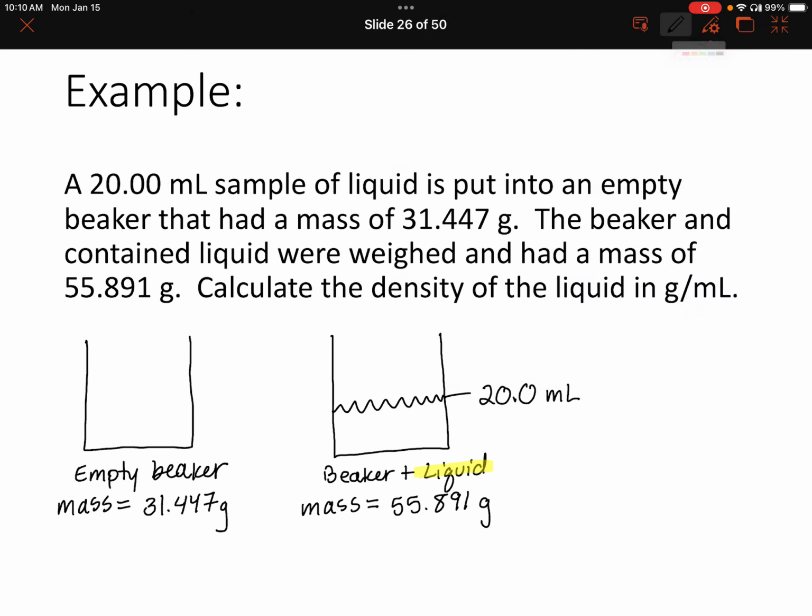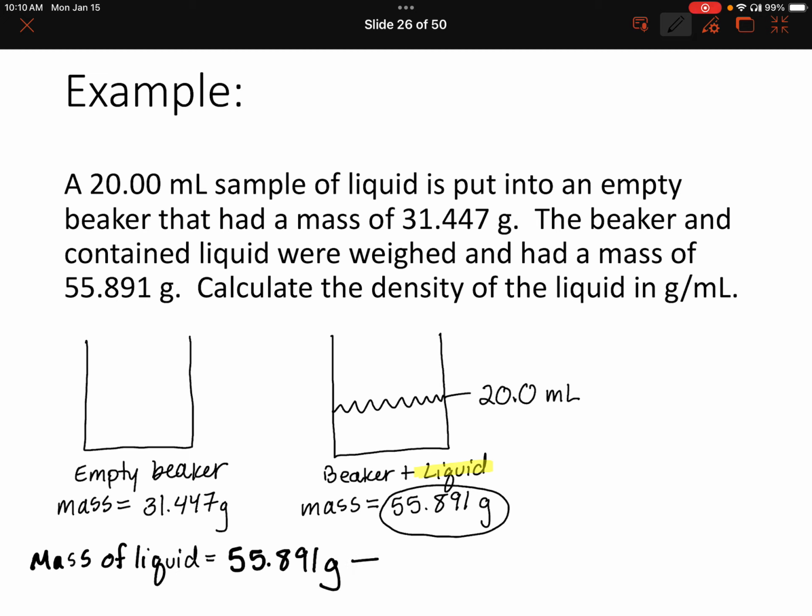So what we'll do is we'll say that the mass of the liquid is equal to the total mass, 55.891 grams, minus the mass of the beaker, which was 31.447 grams.